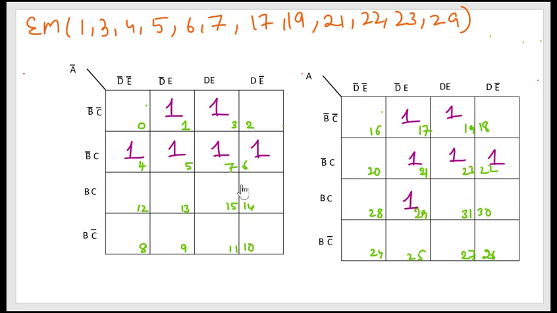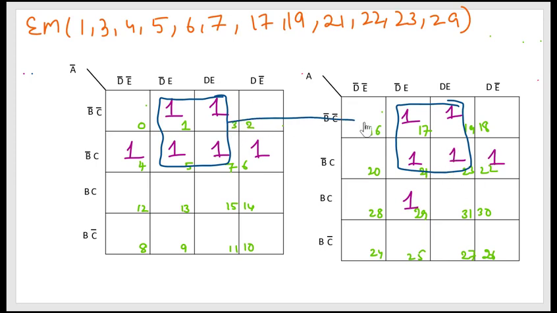If you look at your min terms, you can see these 4 ones and these 4 ones are at identical location, so we can form an octet using these 4 ones and these 4 ones. And if you look at here, these 2 ones and these 2 ones are also at identical location, that means this is the first octet.